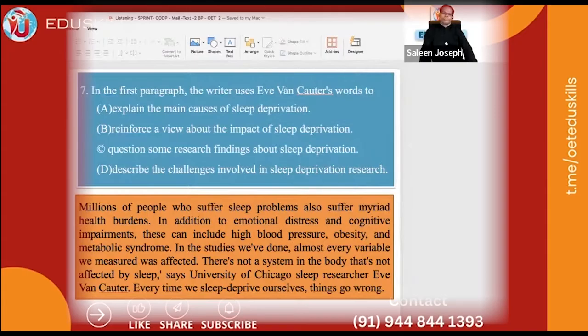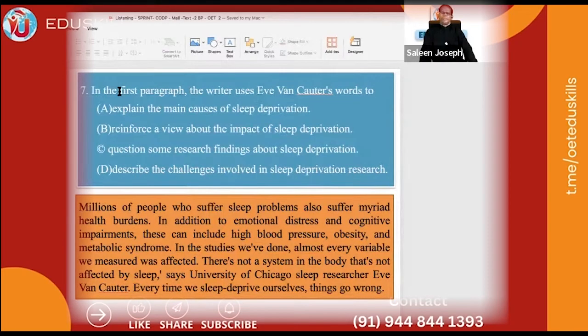Question number 7. In the first paragraph, the writer uses Carter's words to: option A, explain the main causes of sleep deprivation; option B, reinforce a view about the impact of sleep deprivation; option C, question some research findings about sleep deprivation; option D, describe the challenges involved in sleep deprivation research.